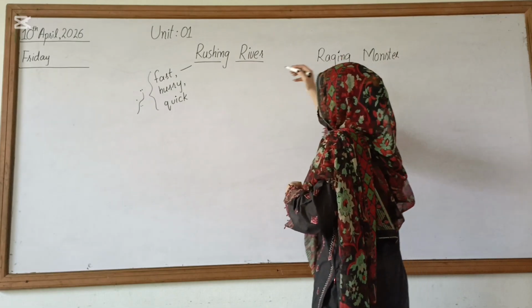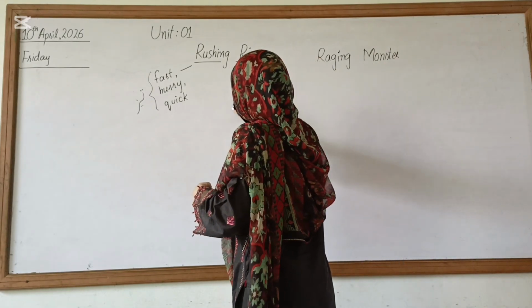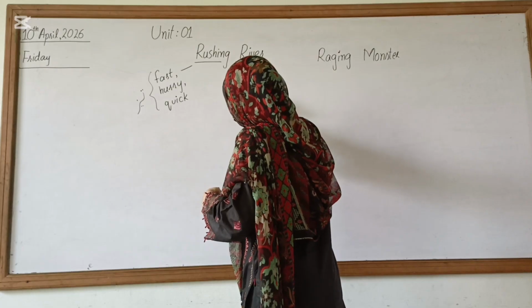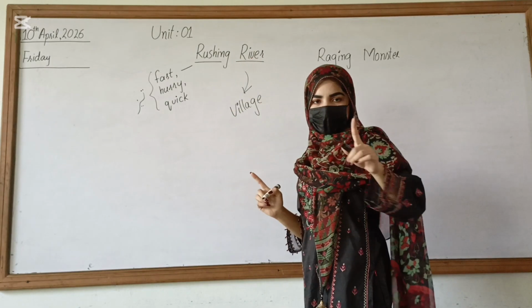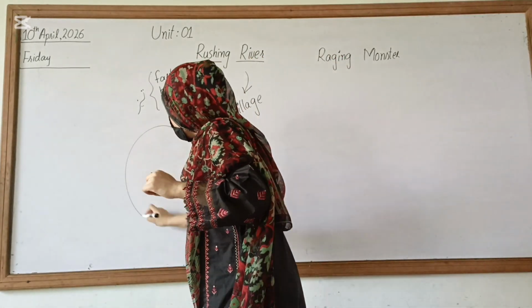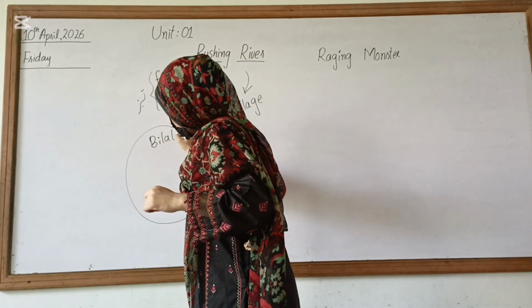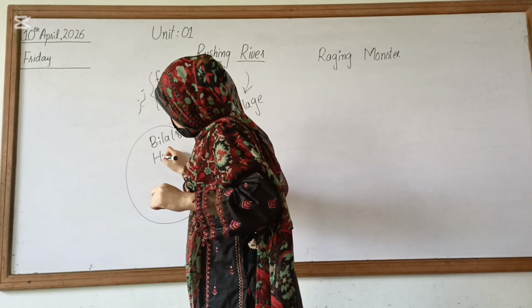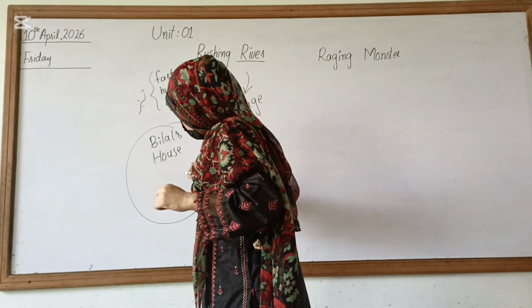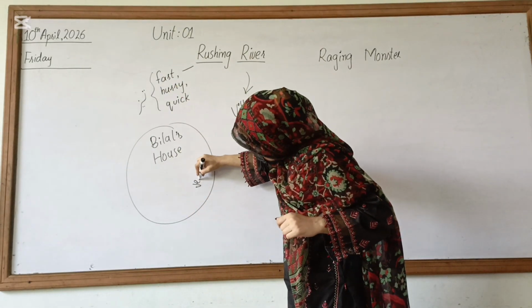So the story of Rushing River is about a river in a village. We have a house here. That's Bilal's house. This is the veranda of Bilal's house.